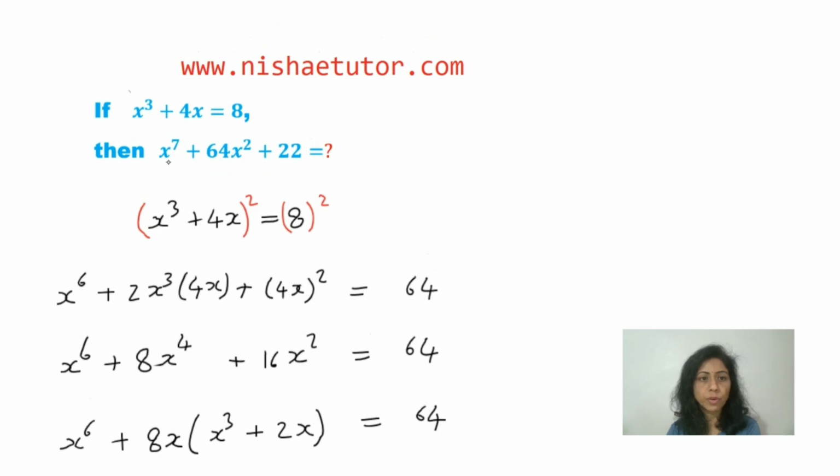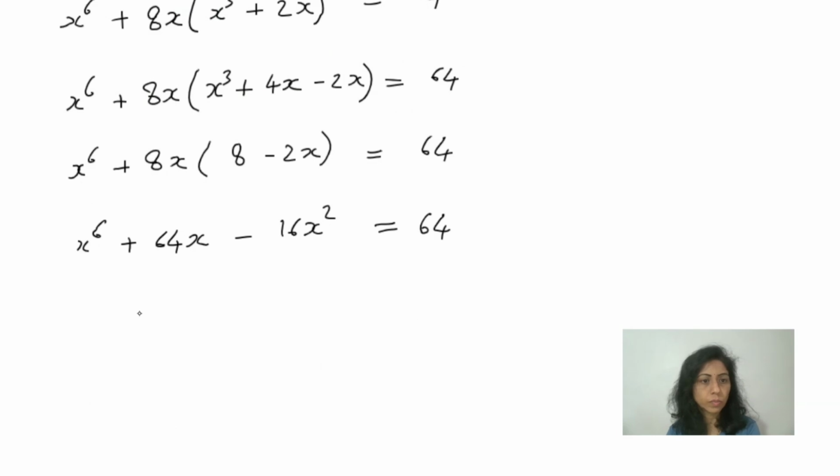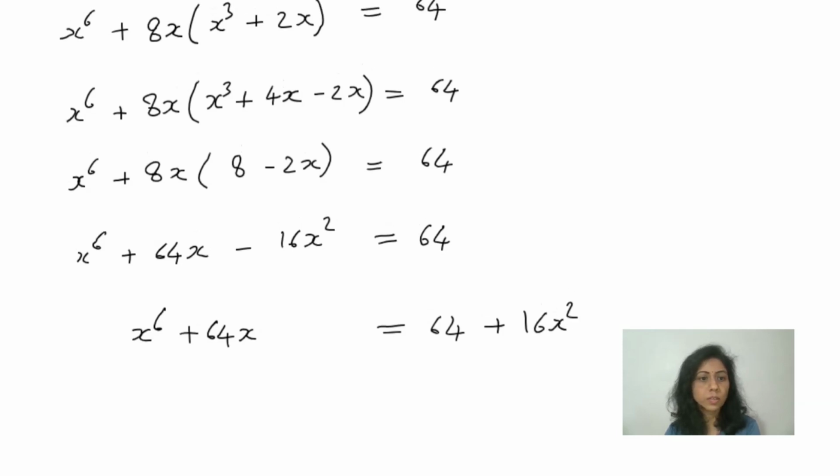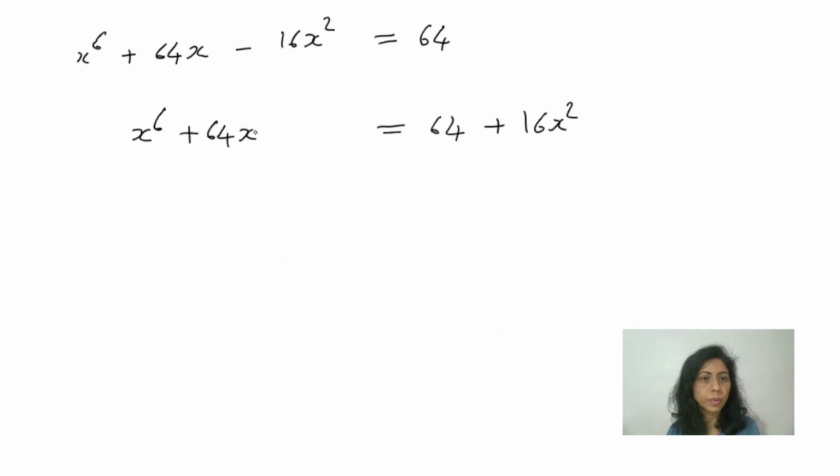So we have to find out x to the power 7 plus 64x square plus 22, and now we have x to the power 6 plus 64x, this one. So x to the power 6 plus 64x, and this term we can transfer to this side, so it will be positive, right? If we multiply here by x, we will get x to the power 7 plus 64x square.